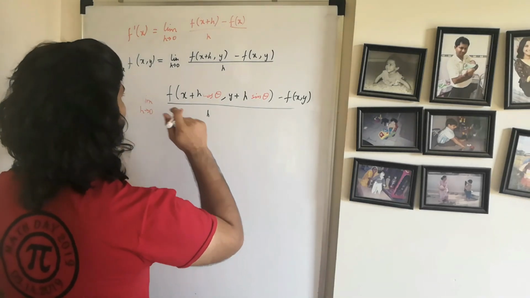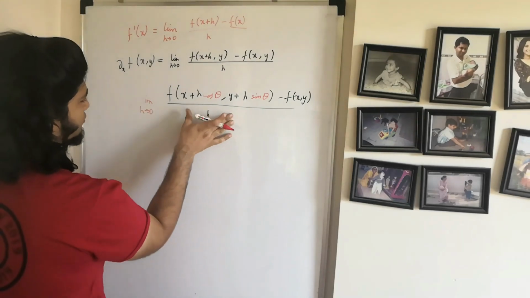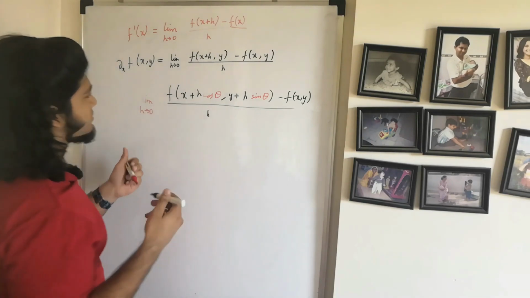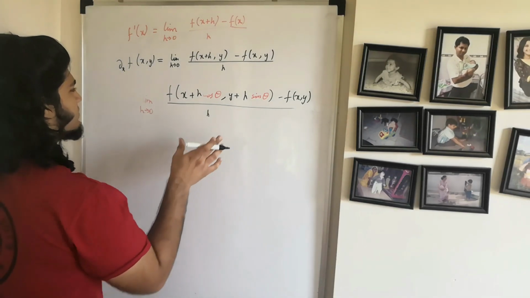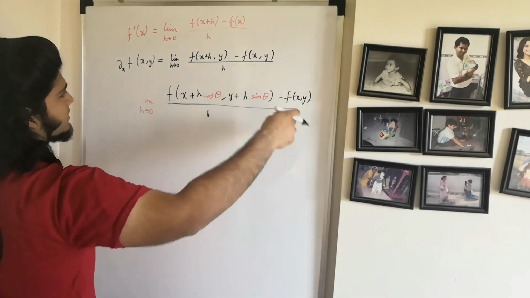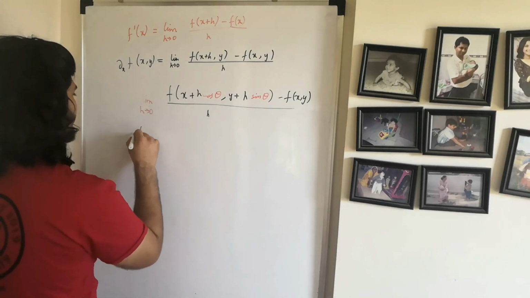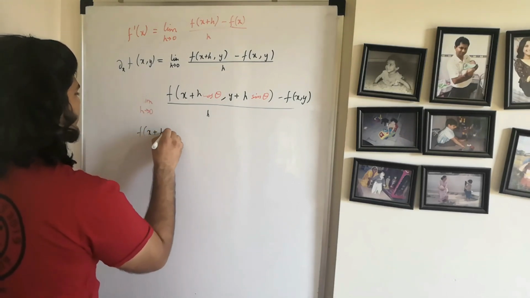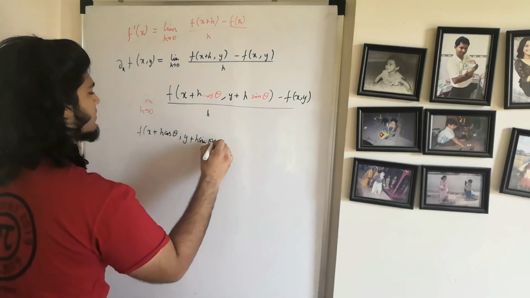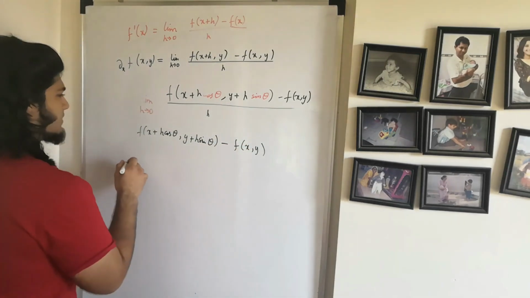Okay, so let's get started with evaluating this limit. We know how to evaluate a limit which looks something like this, but we have no idea what to do when both of them are changing. So maybe we can introduce a term in which relative to this only one term is changing, and relative to this only one term is changing. You'll see what I mean. So we take f of x plus h cos theta, y plus h sin theta, minus f of x comma y, and now let's add and subtract.